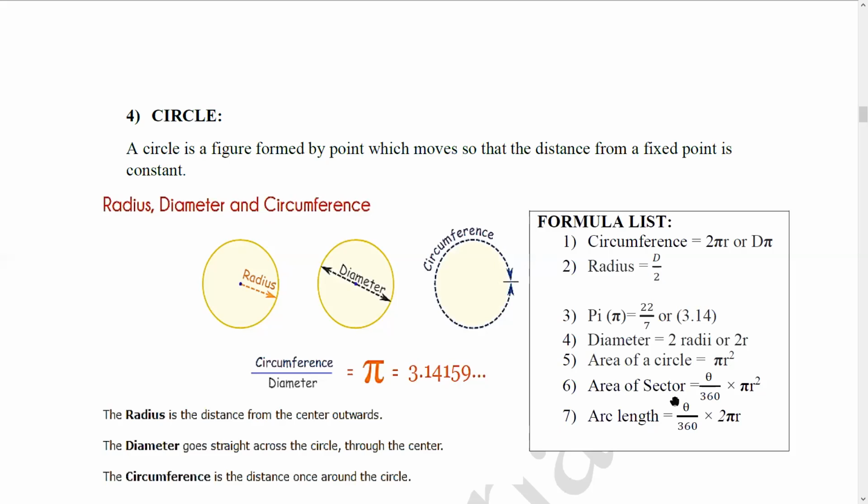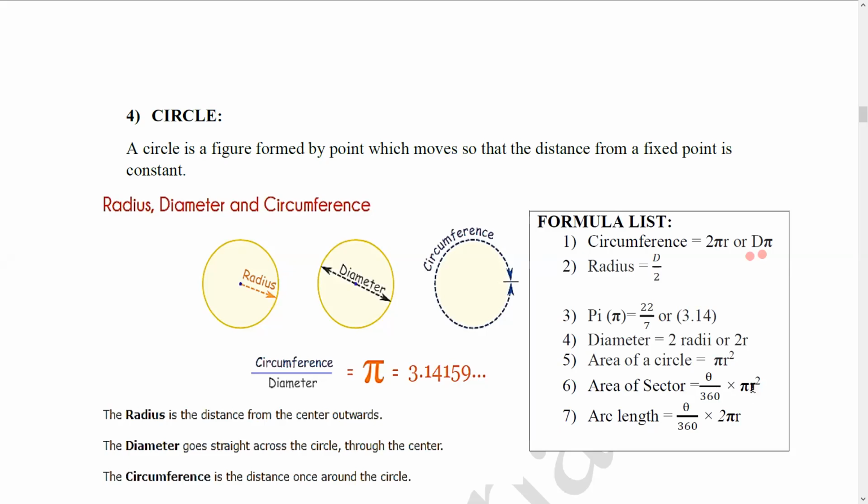These two are also very important. Once you know the area of a circle, pi r squared, you can easily find this one. The area of a sector uses theta, the universal symbol in maths for an angle. Let's say they give you the angle to be 60, it will be 60 over 360 multiplied by pi r squared, whatever the radius is.